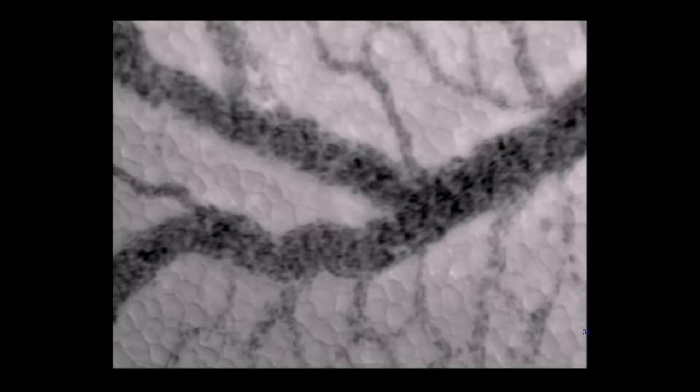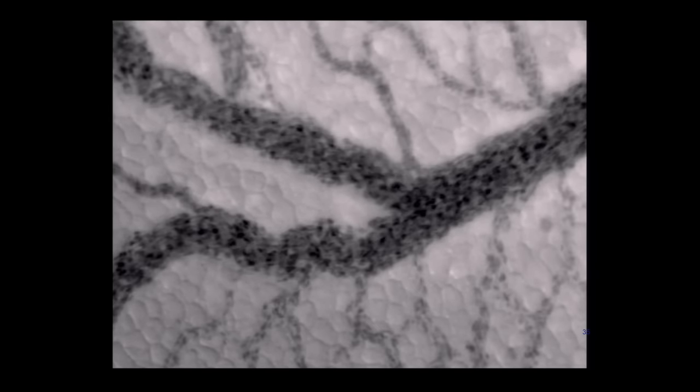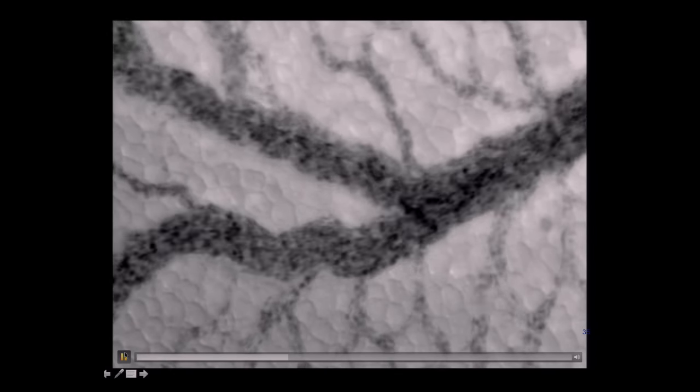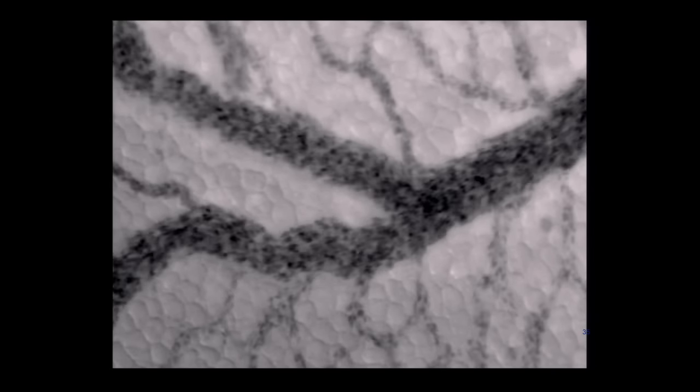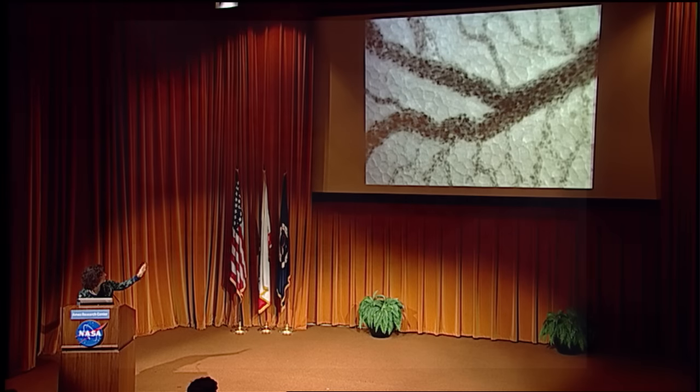I think you can see in this movie the physiological fact that the red blood cells, which are the particle markers, are flowing much more slowly in the small vessels before being collected into the much faster flow of the larger collecting vein.